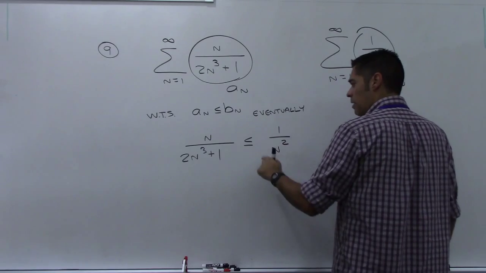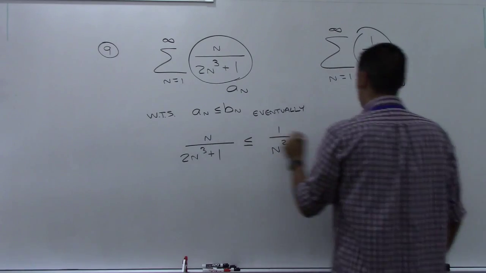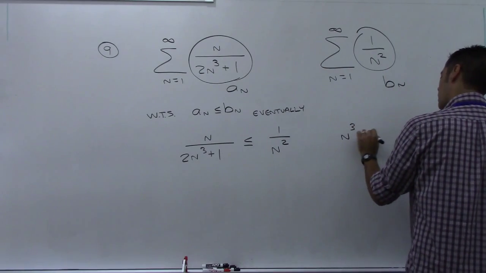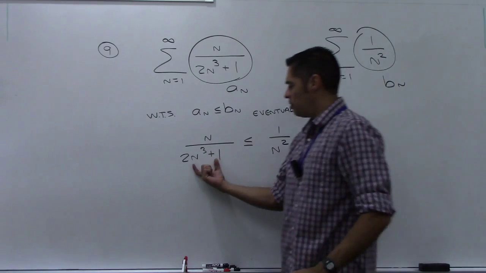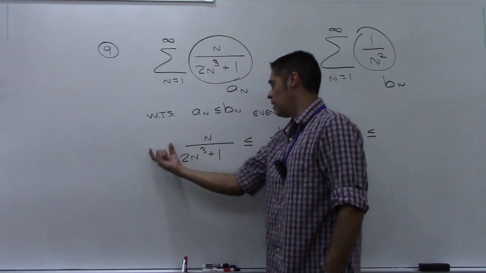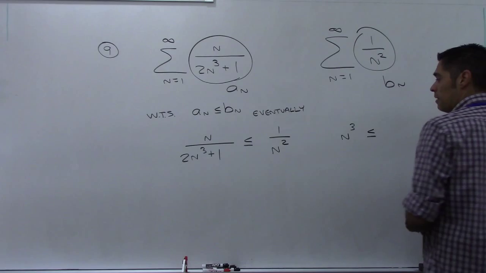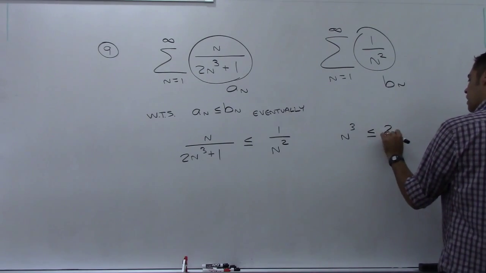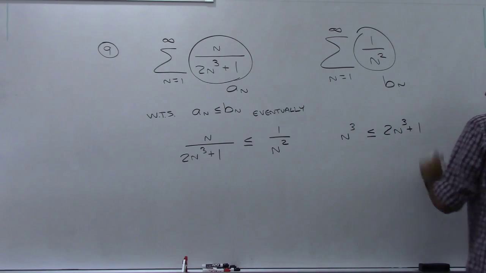When I do that, it goes away over here, turns that into an n cubed. And I'll multiply both sides by 2n cubed plus 1, and so that'll just give me 2n cubed plus 1.